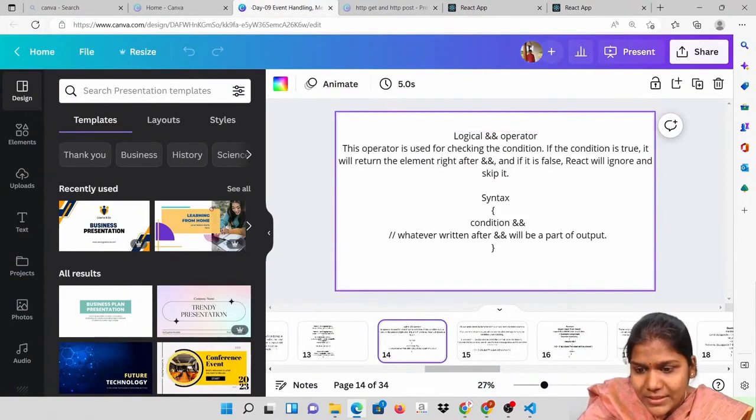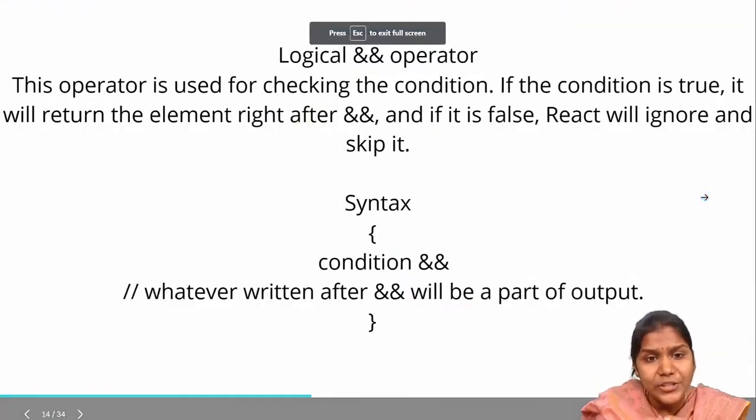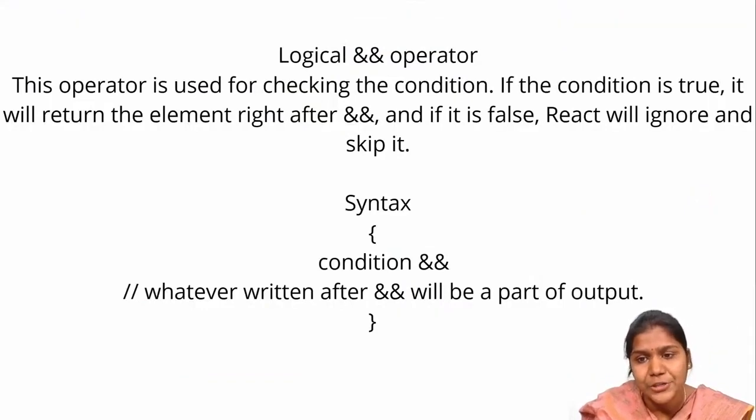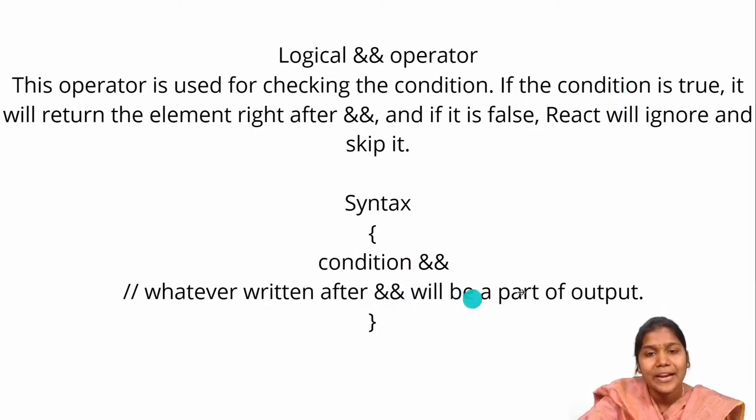Here comes the logical AND operator. This operator is used for checking a particular condition. If the condition is true, it will render the element right after the AND symbol, and if it is false, React will ignore it and skip it. You can see the syntax here. The condition will be given, and after the AND we will get the output.